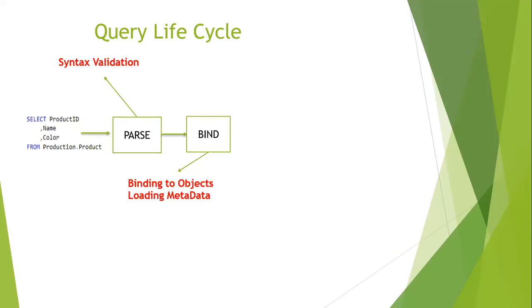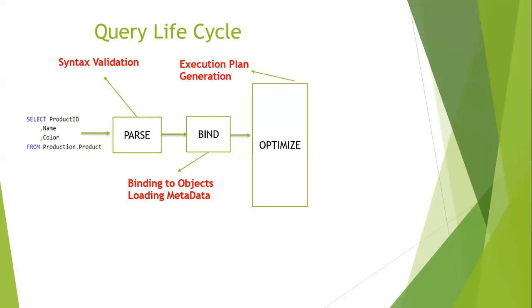It understands what tables we have, what columns we have, whether any joins are there or not, and any where clause, order by. So it will divide this entire query into small pieces so that it will be easy for optimization, and it creates a query tree and sends it to the query optimizer.